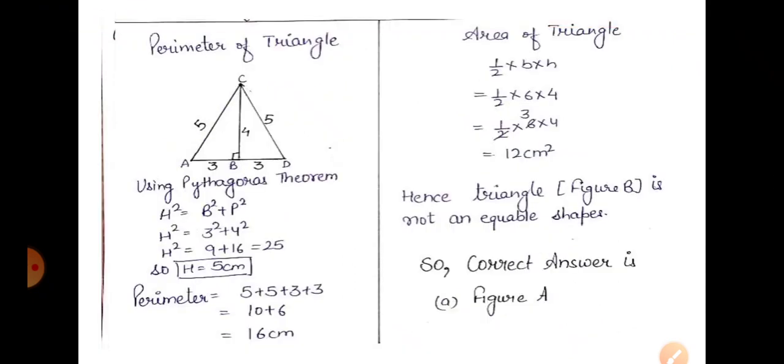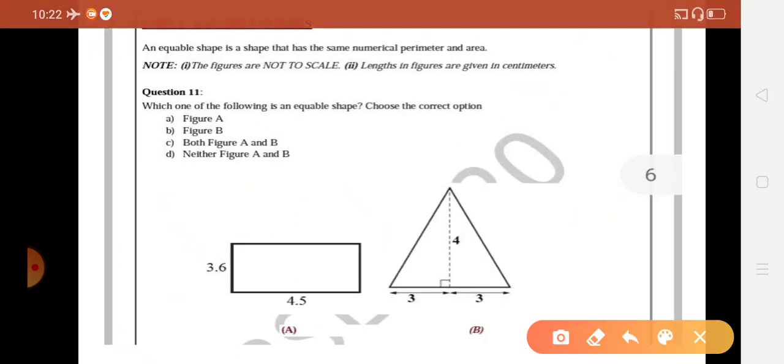For figure B, we have to find the perimeter of the triangle and the area of the triangle. What is given in the question? You are given the base as 6 centimeter and the height of the triangle as 4 centimeter, but we don't know about the sides of the triangle. So first of all, you have to find these sides, as this triangle is a right angle triangle and this triangle also is a right angle triangle.